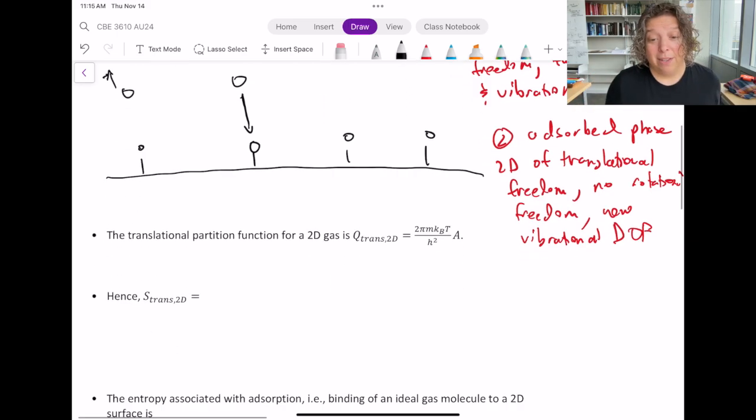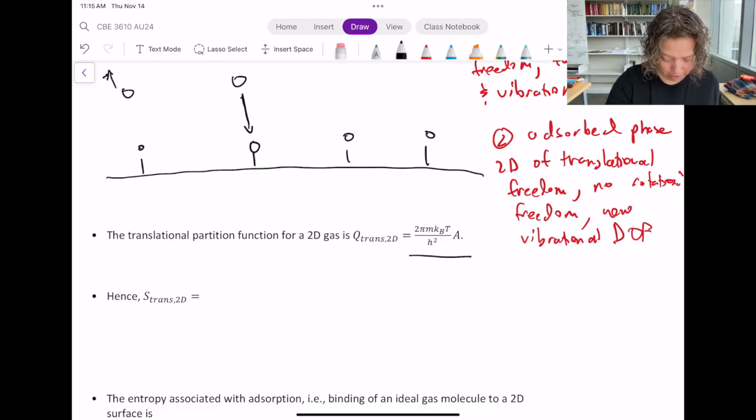Okay, so let's talk about the translational piece. So the translational partition function for a 2-dimensional gas, which we could derive in the same way as whoever derived it for us for the 3D gas did. I'm not going to do that derivation, I'm just going to write it down. The translational partition function for a 2D gas is this function here.